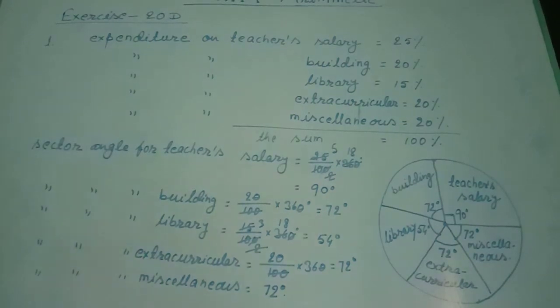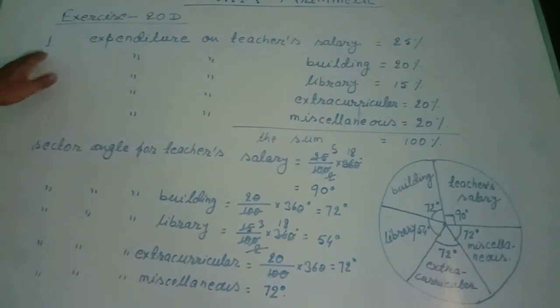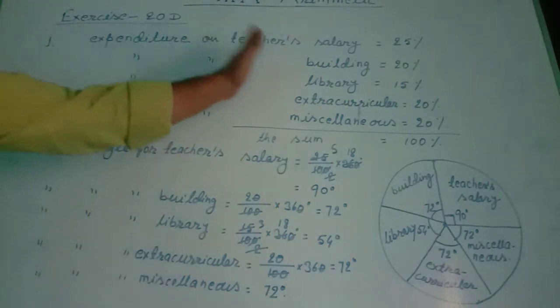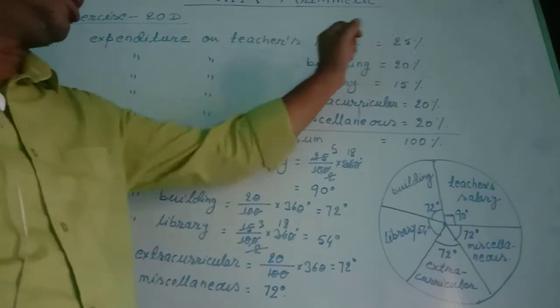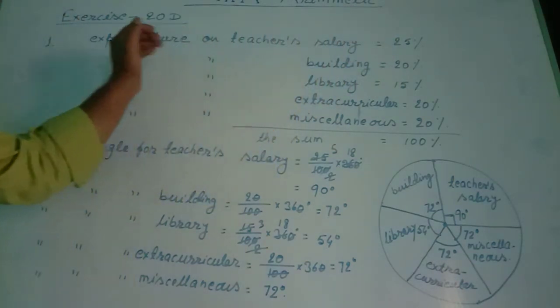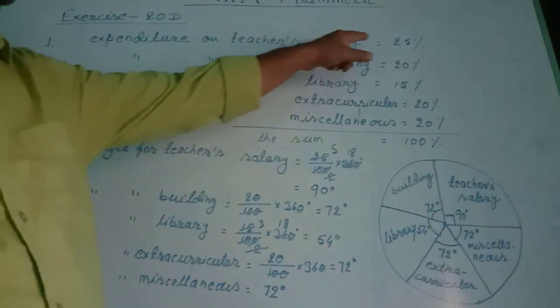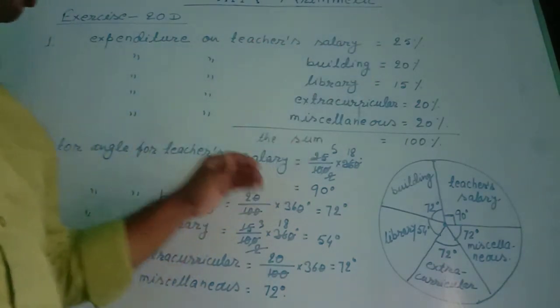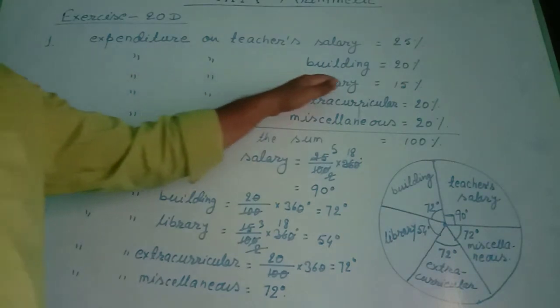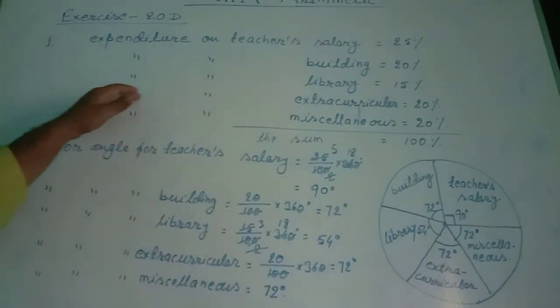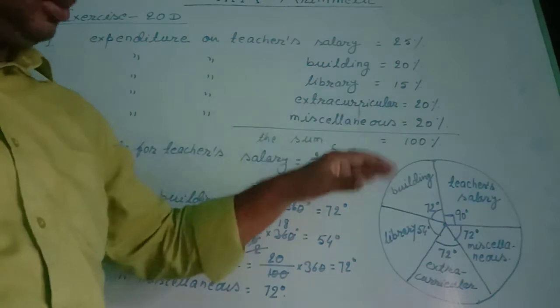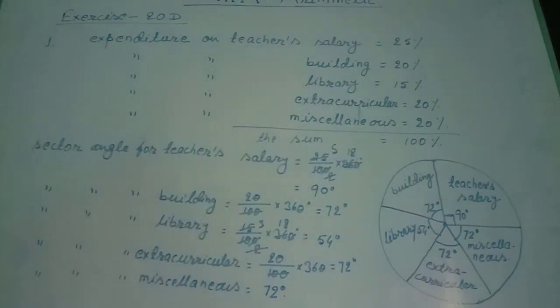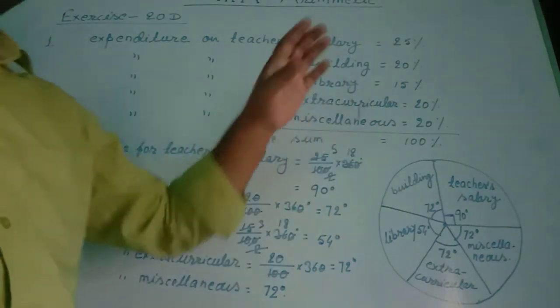In exercise 20D, question number 1. The expenditure on a few items is given in percentage. Those are expenditure on teacher's salary 25%, expenditure on building 20%, expenditure on library 15%, expenditure on extracurricular activities 20%, and expenditure on miscellaneous 20%.